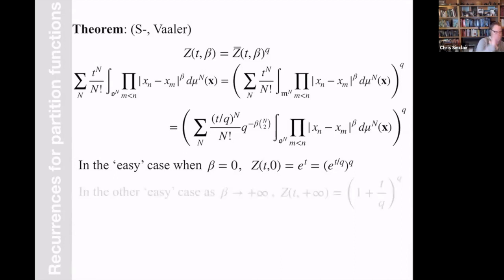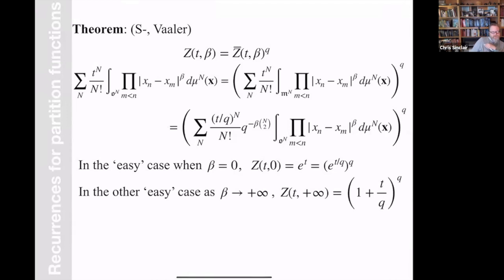The other easy case is when beta goes to plus infinity. This situation right here corresponds to absolute zero. When you're at absolute zero, you can only have particles in the absolute ground state. And as soon as you have two particles in the same coset, you can't be in the ground state anymore. So when you're at absolute zero and you have a fluctuating number of particles, it's going to tell you you can have at most one particle in each coset.